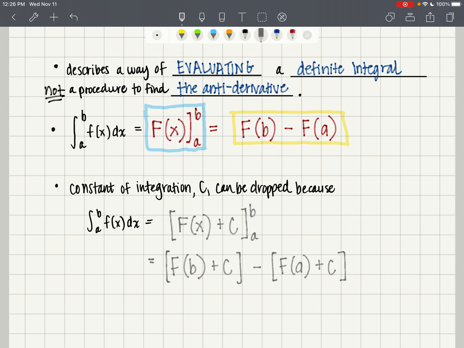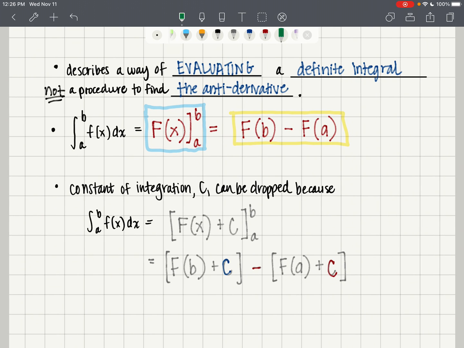So if I was to take that antiderivative plus that constant of integration, c, and incorporate that in, look at what's going to happen. This c minus the same exact c is going to zero out, and that is why the constant of integration c can be dropped.